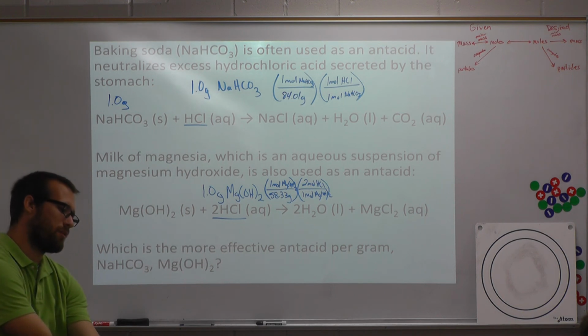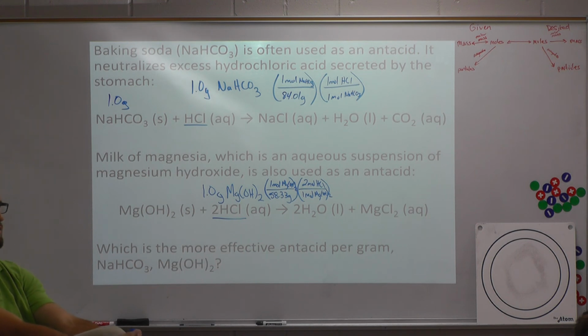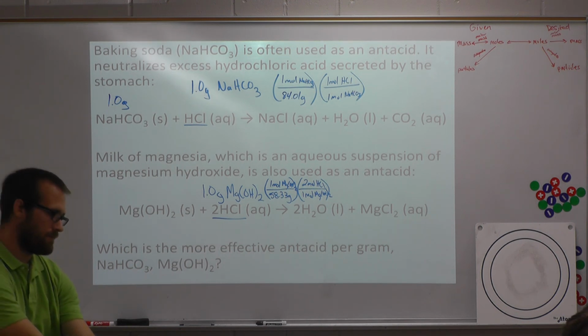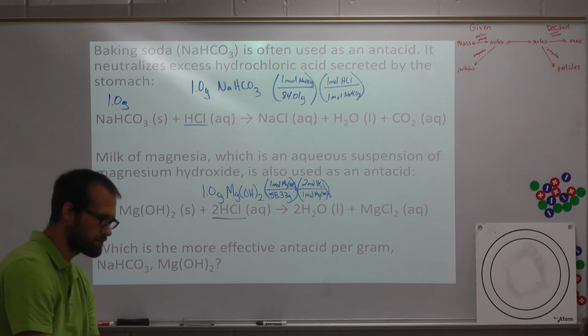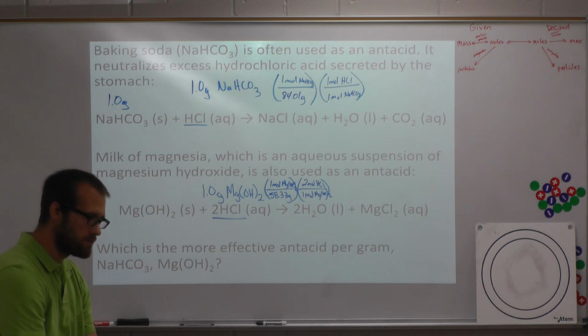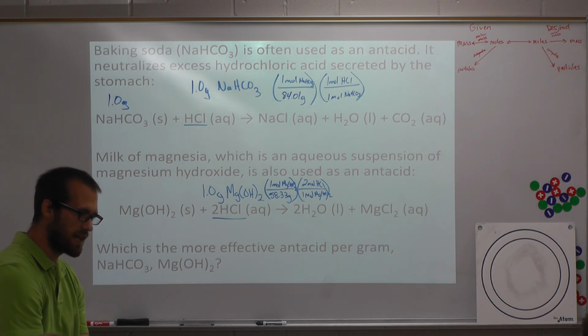The math has a part in it, but the bigger part is the fact that it reacts with 2 times as much HCl. So which one could you react to more moles of? The second one.